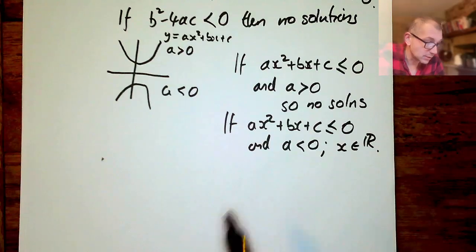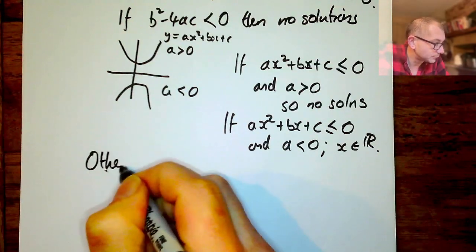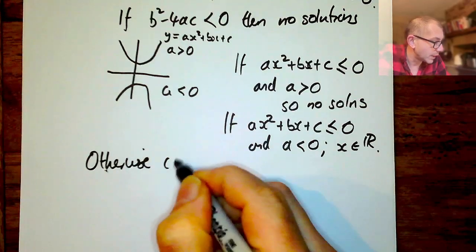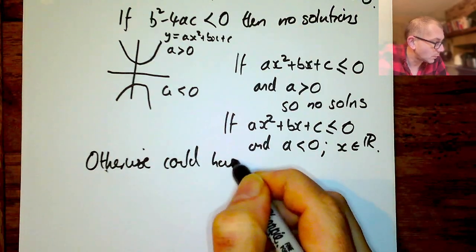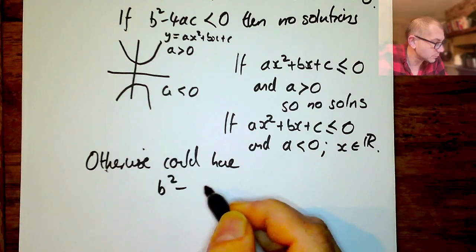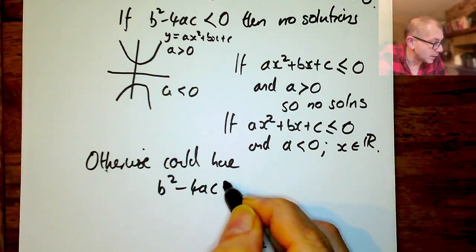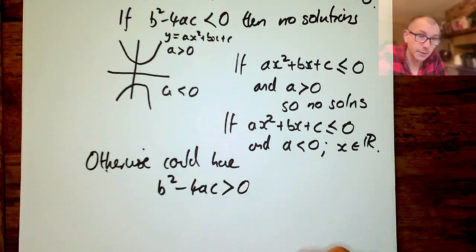The other case is where you do get solutions. Otherwise, we could have, well, let's just take the case where b squared minus 4ac is strictly bigger than 0.